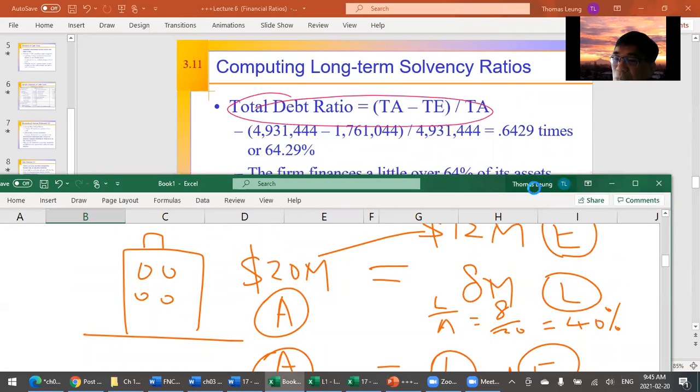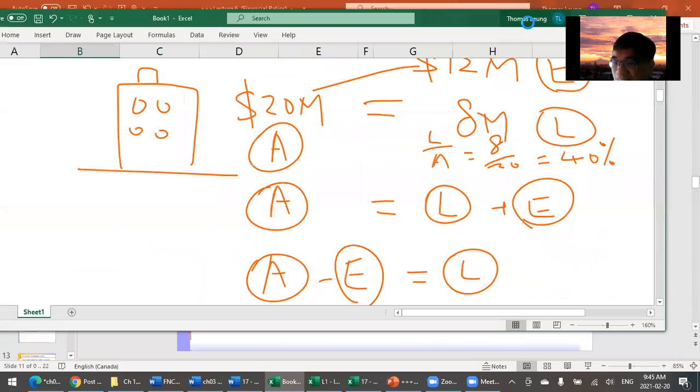Now, by looking at this, we can already have an idea of whether you borrow a lot or not, right? Because when the percentage is big, then you borrow a lot. When the percentage is small, then you're not borrowing that much. So you can have an idea right away, agree or not. So it could be 90%, which is close to 100%.